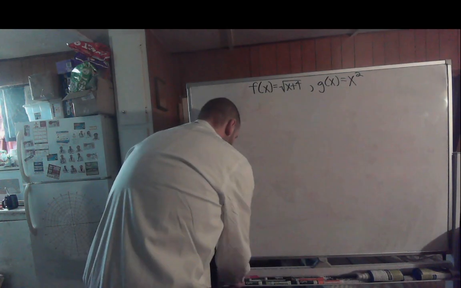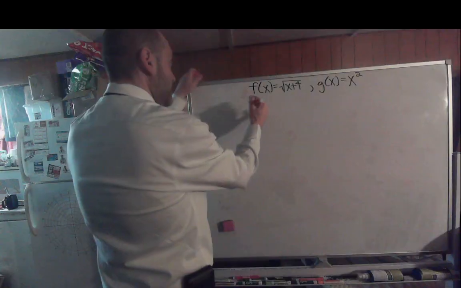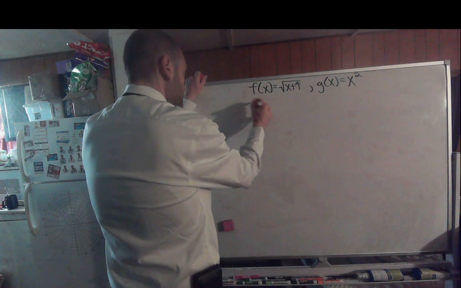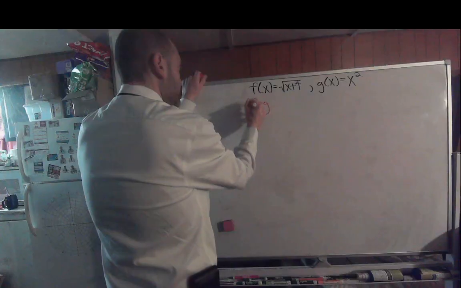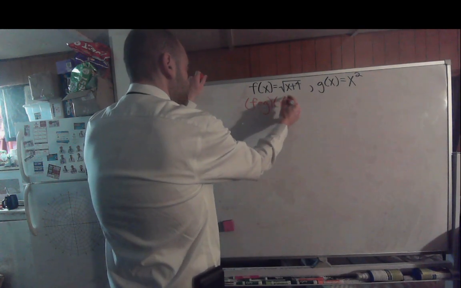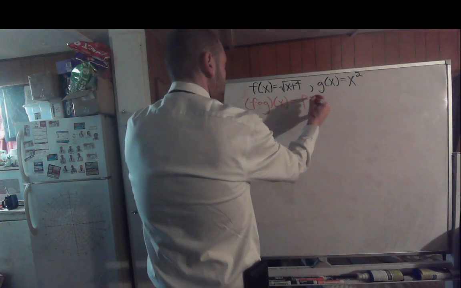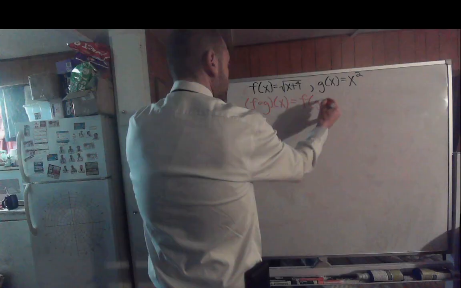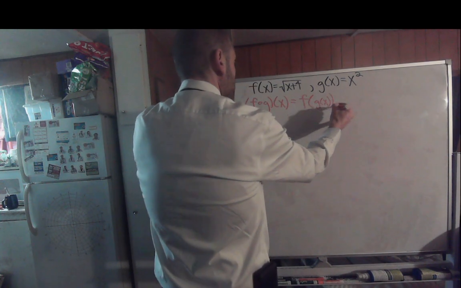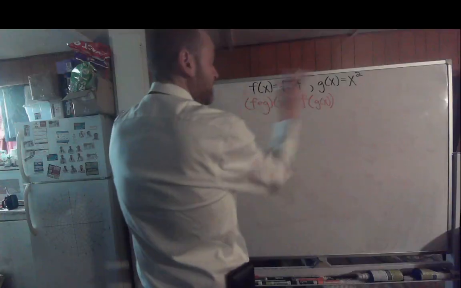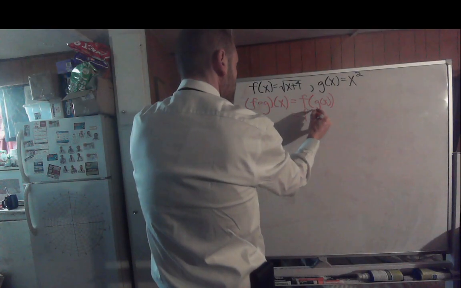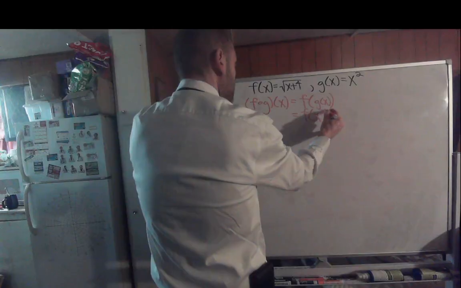So up first, we're going to seek to find f of g of x. Let's find f of g of x. So that means it's going to be f of g of x. So in other words, g of x was x squared. This would end up being f of x squared.